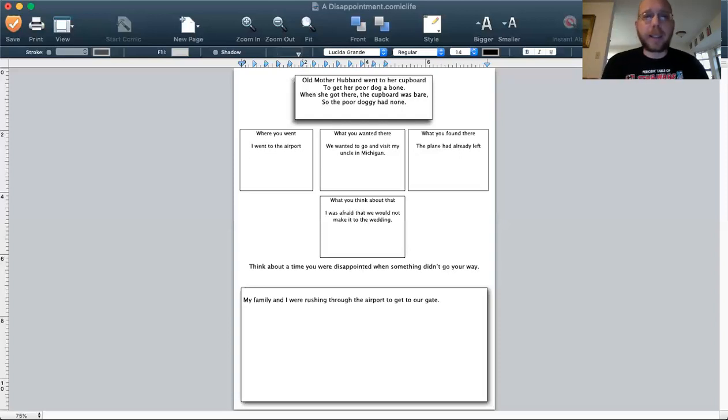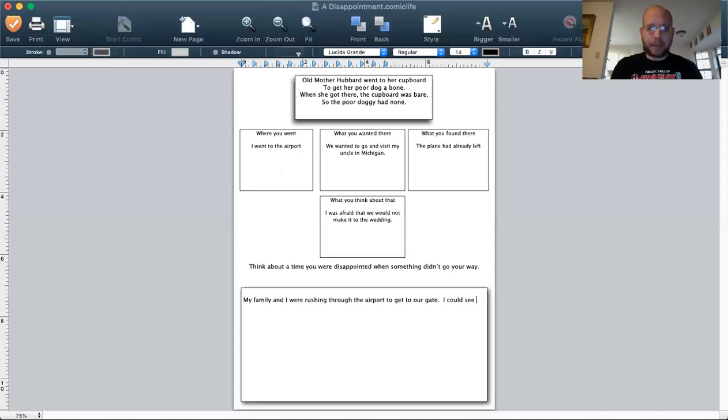Okay, so looking at my next part of my text structure is we wanted to go and visit my uncle in Michigan. So I can go and take part of this, but I can also go back and just, since that one's going to a want, it's not really a 5 cents. So I can still go back to my original box here of where we were.